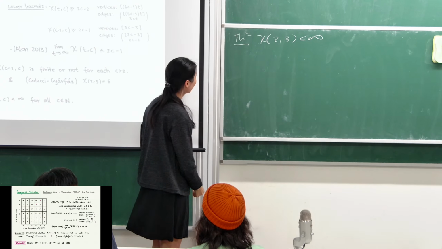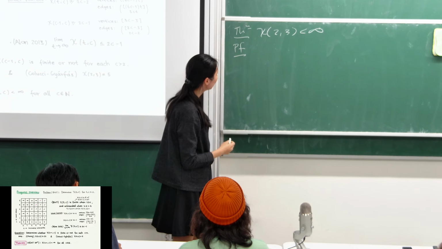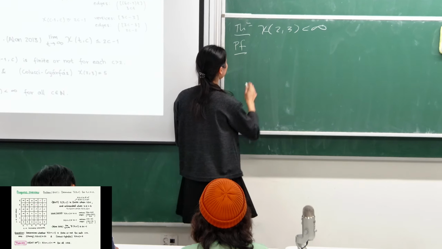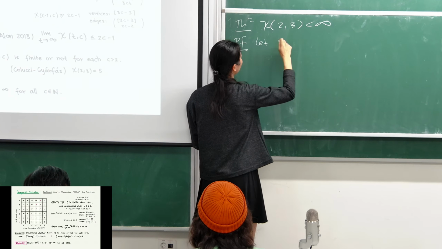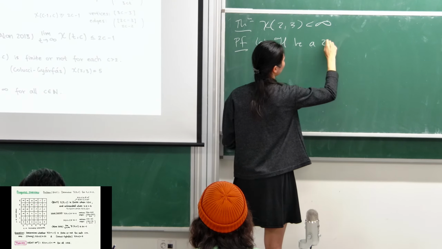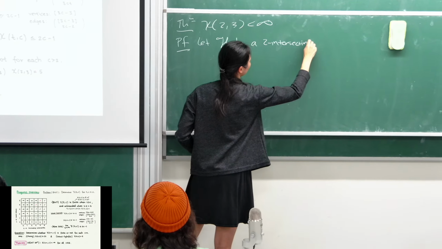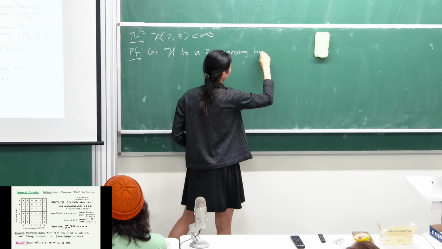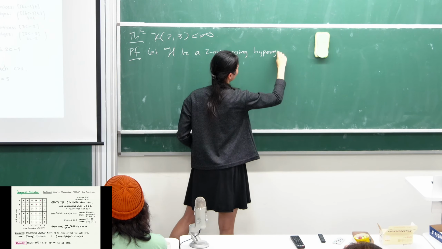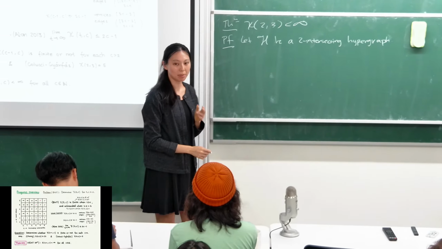Okay. So let's start just by taking a 2-intersecting hypergraph. I'll always call this curly H. Okay, and now there are two assumptions I'm going to make.